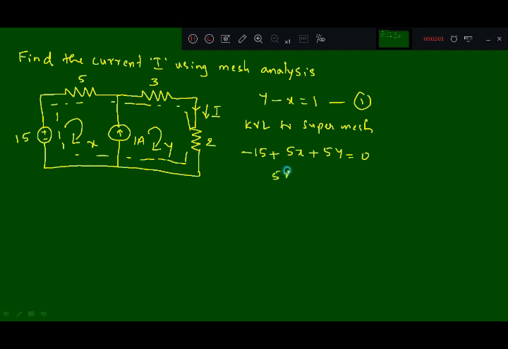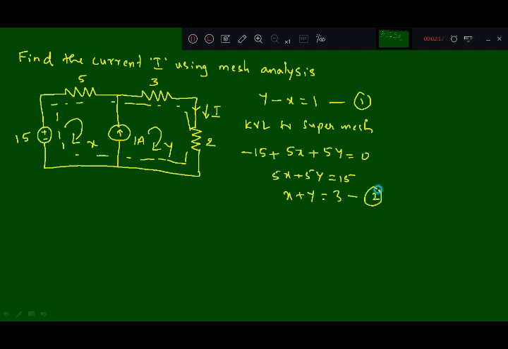So it is 5x plus 5y is equal to 15. If I take 5 common, it becomes x plus y is equal to 3.